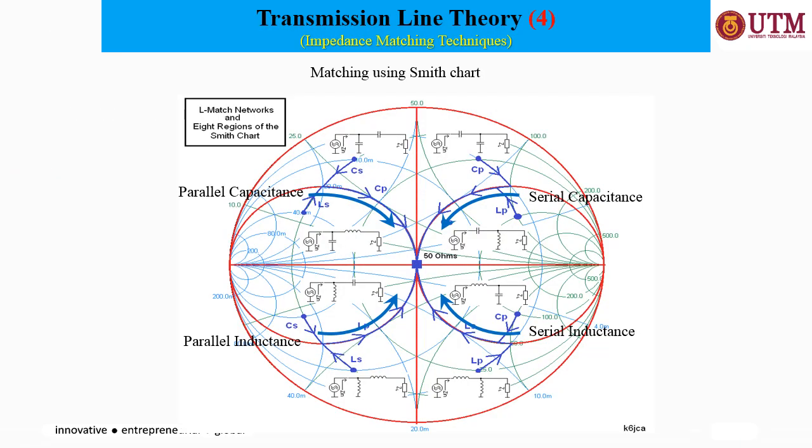Okay, this slide summarizes the components that may be included in the matching circuit if you have different X and B values. All right, so the right hand side here represents the 1 plus JX, and the other side is 1 plus JB.